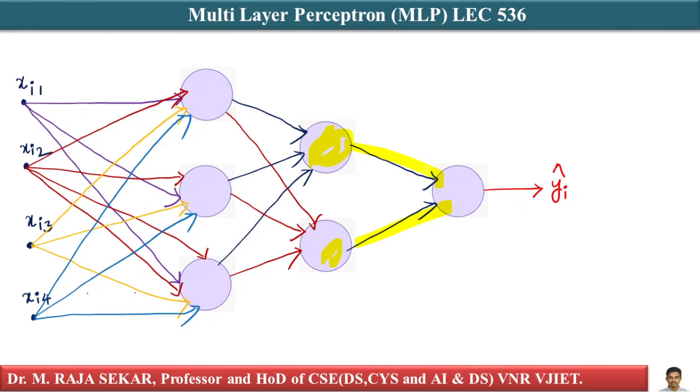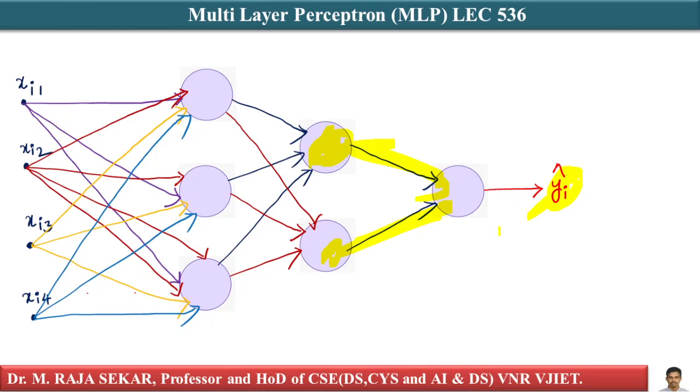See, all the edges here are going forward. There are no backward edges; all edges are directed forward. Now the output of these neurons is connected to another neuron, and the output is yi cap.